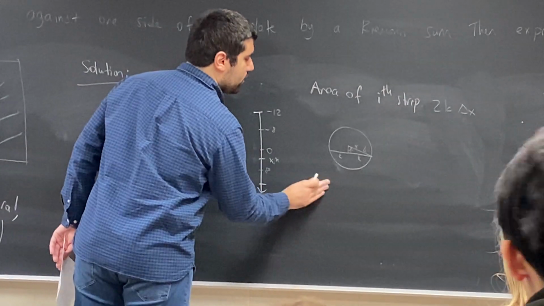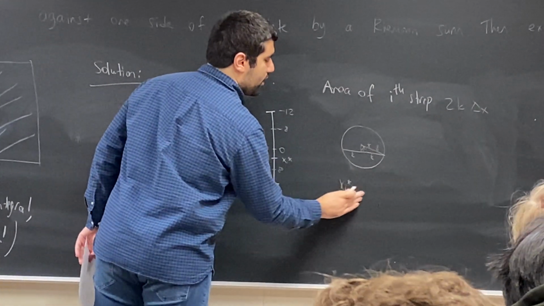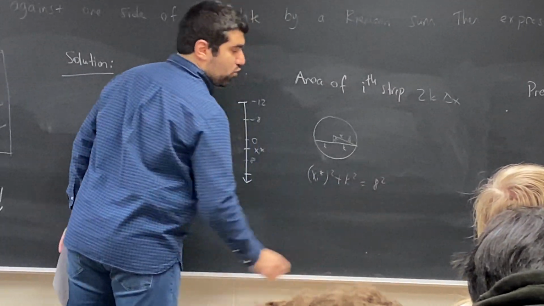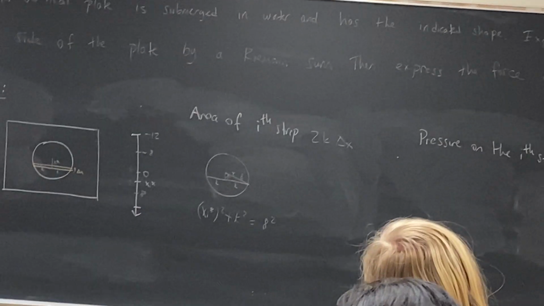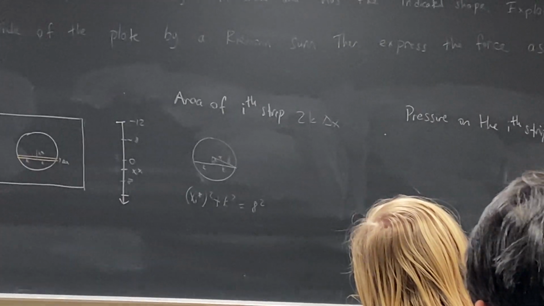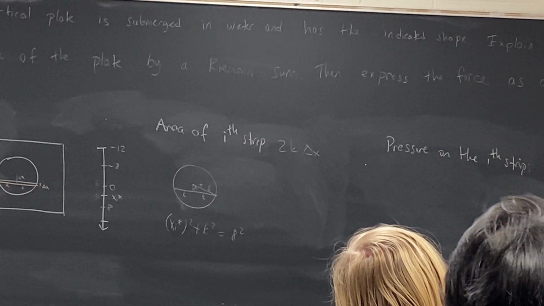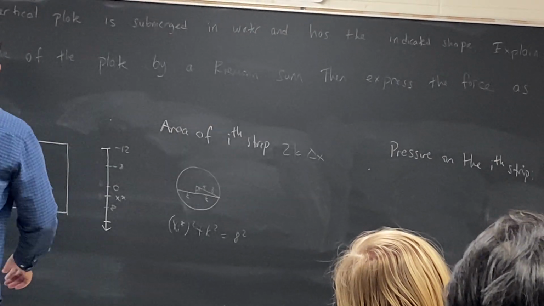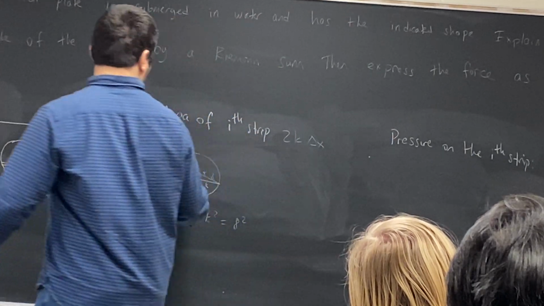Xi star squared plus k squared should give us 8 squared. Does it make sense? I see some worried faces.